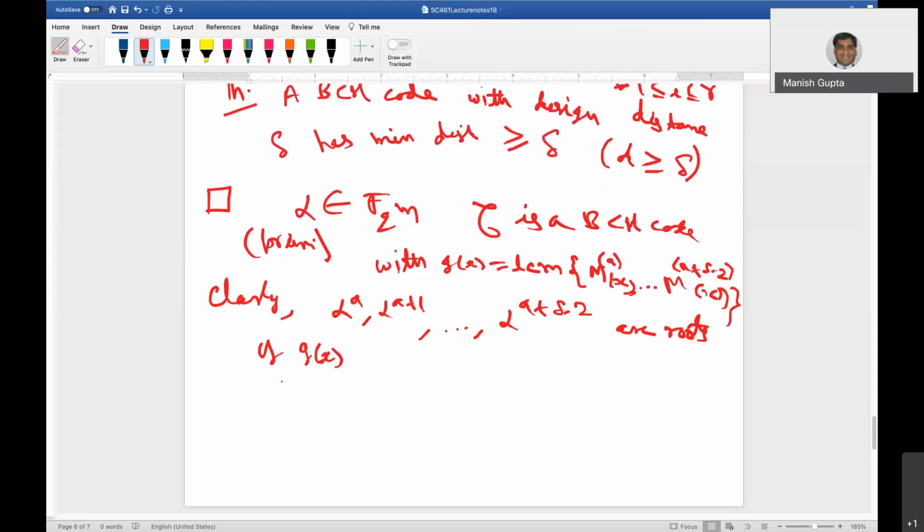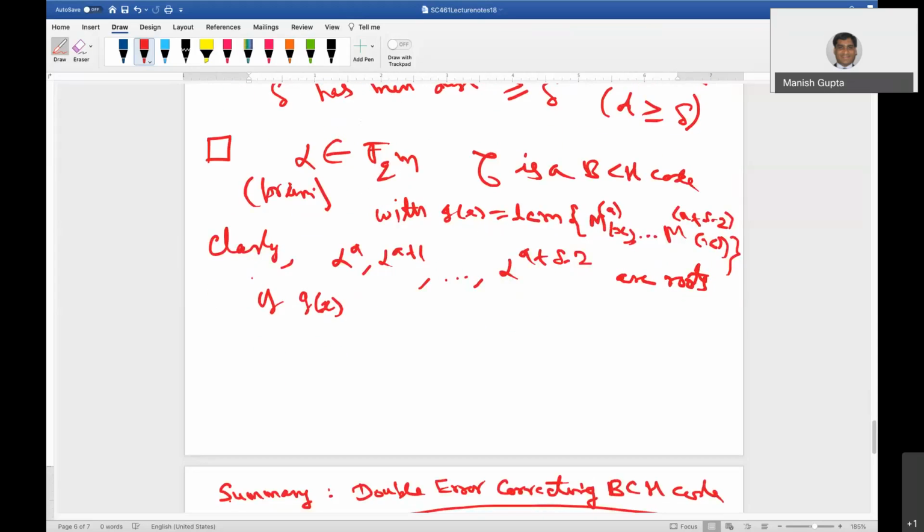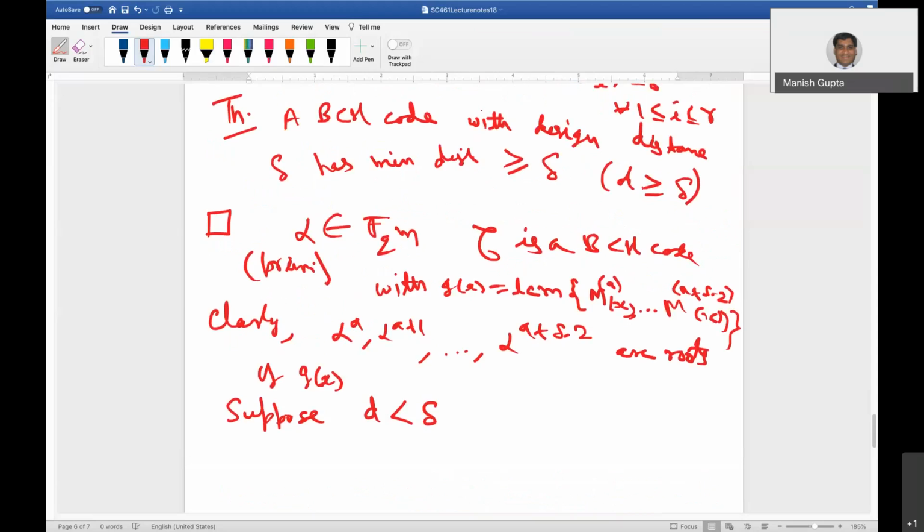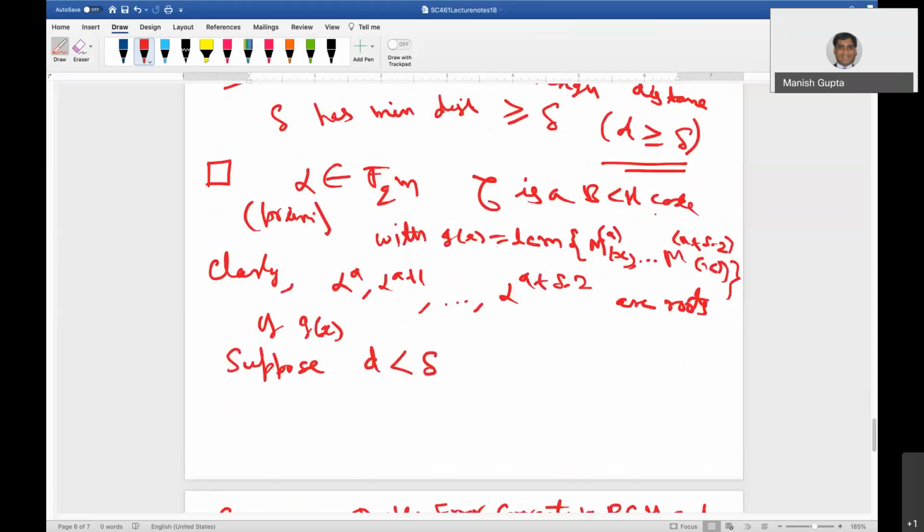Now I'm going to assume the contrary. We have to prove that the minimum distance is at least delta, but suppose the minimum distance of this BCH code is less than delta. Now what happens?